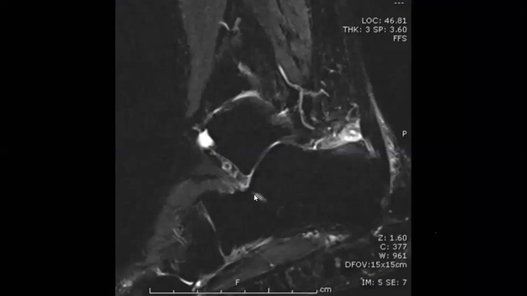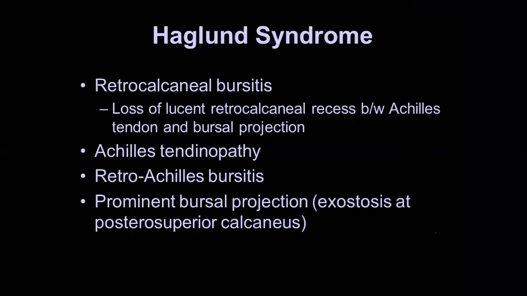What about this appearance? When you find this edema in front of the tendo Achilles, this is what's called retrocalcaneal bursitis. When you find this retrocalcaneal bursitis, this is what's called Haglund syndrome. In this recess, you find edema and there is some bursitis.